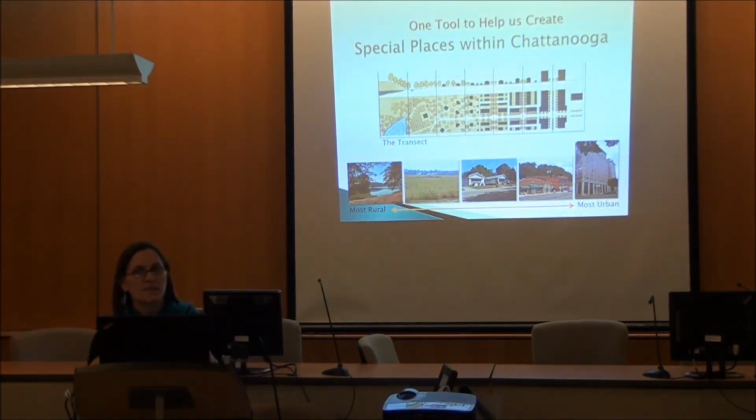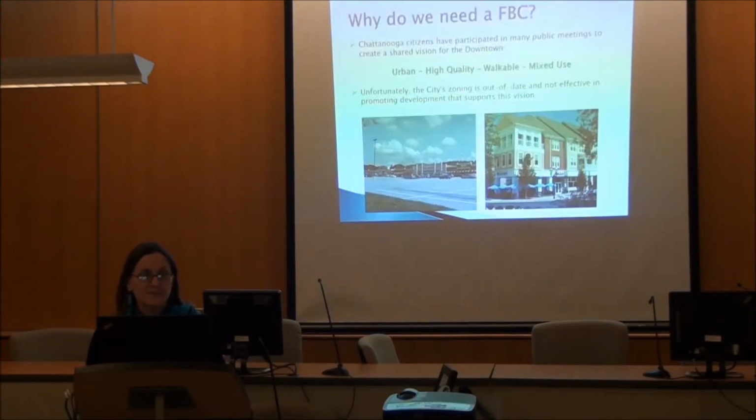All the uses are separated, and that's not what downtown looks like. Unfortunately, we only have about four zones in our current code that deal with urban development, and they have some issues themselves. So we're hoping that this new form-based code will allow us to do much better development in the downtown area.